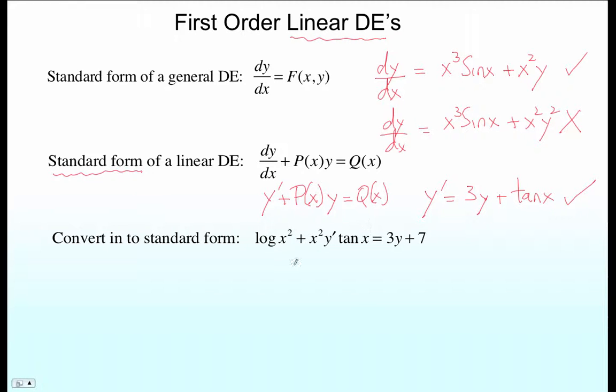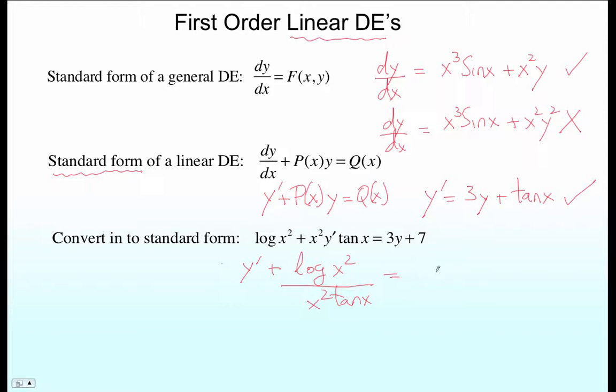On the other hand, sometimes you'll find equations written down in this way, and then you must convert it into the standard form. And in this case, you'll do this by dividing both sides by x squared tan x. So you get y prime plus, then I'm dividing over here, log of x squared by x squared tan x.